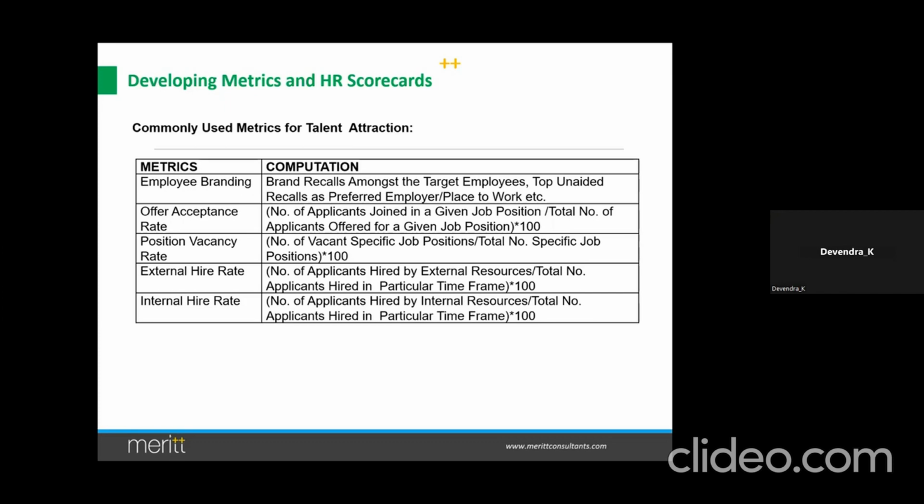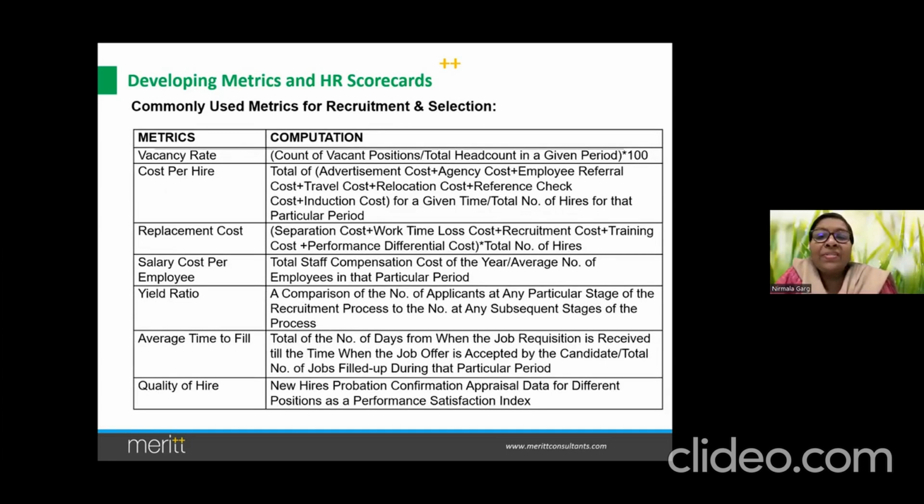Now, what about recruitment and selection? Are you familiar with cost per hire? Yes. Take all the costs and divide it by the total number of hires.